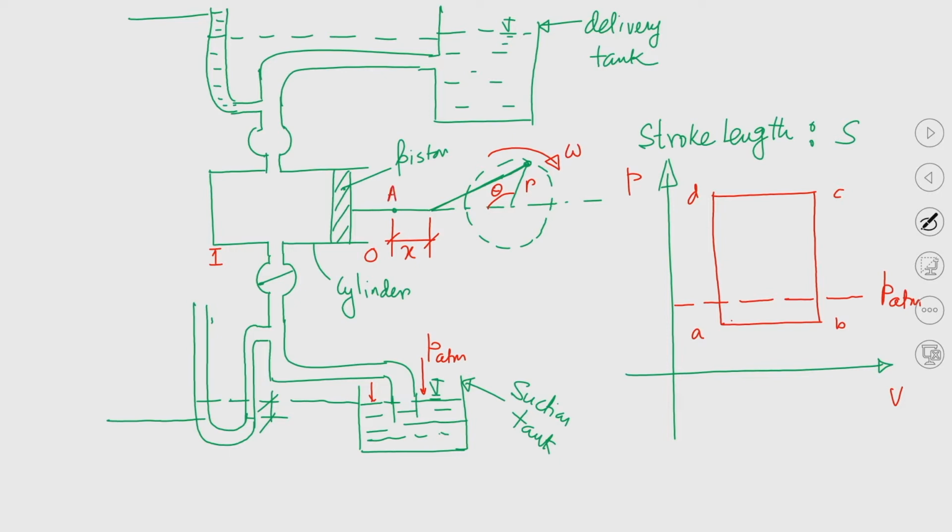This is A, this is B. A is the initial location of the piston, and B is the final location.